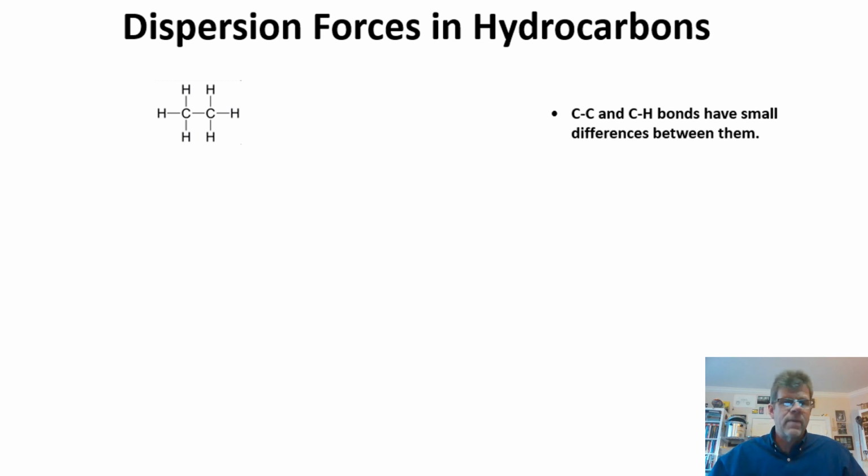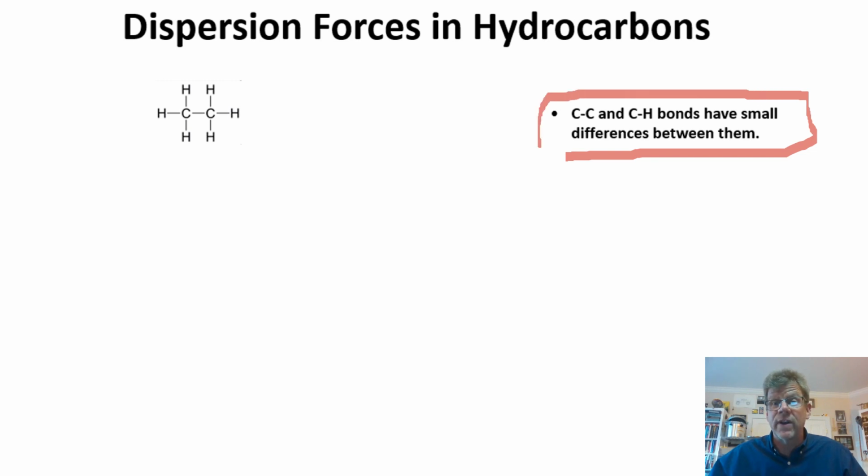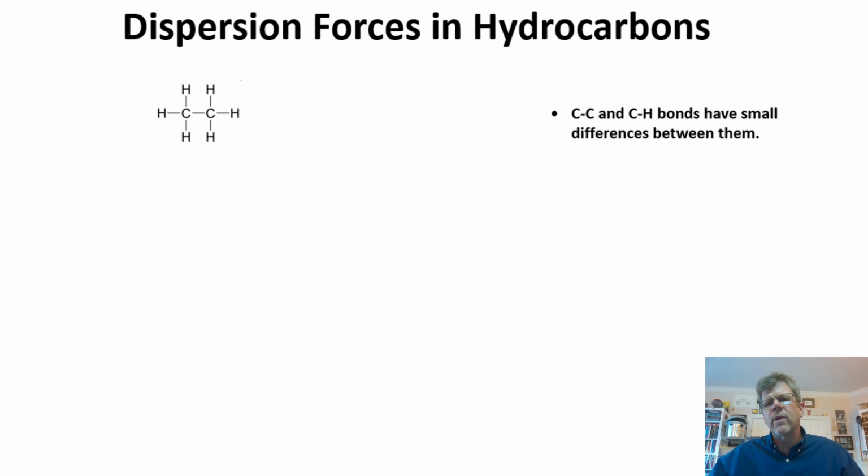A hydrocarbon, again, by nature, is a compound made up of only carbon and hydrogen. And the difference in electronegativity between a carbon-carbon bond and a carbon-hydrogen bond is very, very small. And thus, we don't really have any dipole moments associated with these carbon-hydrogen or carbon-carbon bonds.